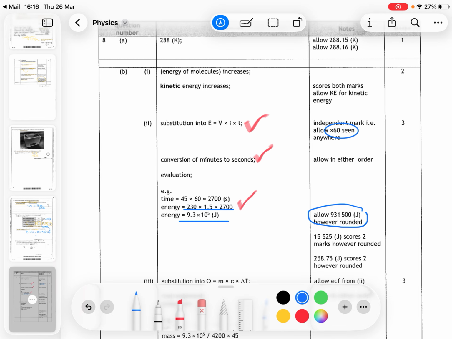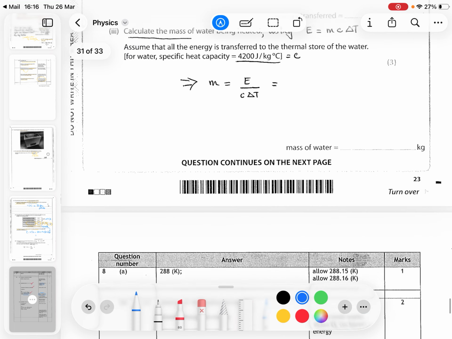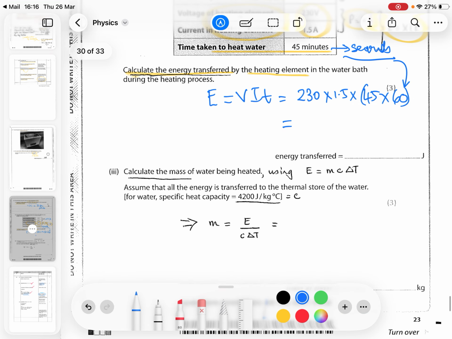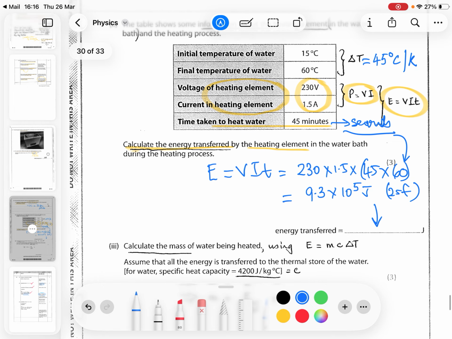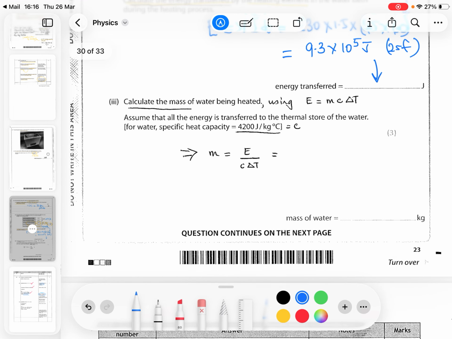Here they said you can also write it out like that. 9.3 times 10 to the 5 joules should be written in there, and it only requires 2 significant figures, okay? Because the data provided is all given in the table to 2 significant figures. So that's as accurate as you can be, okay?